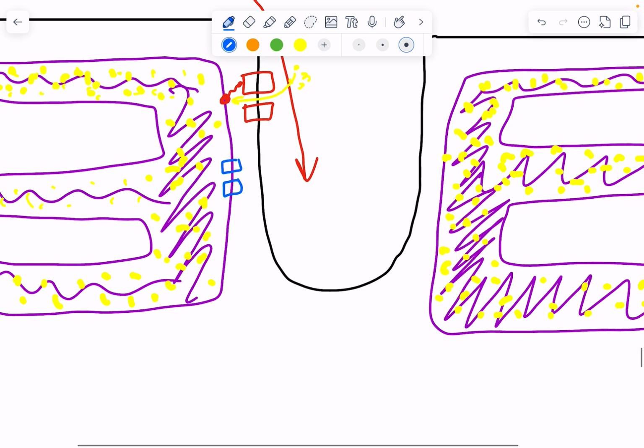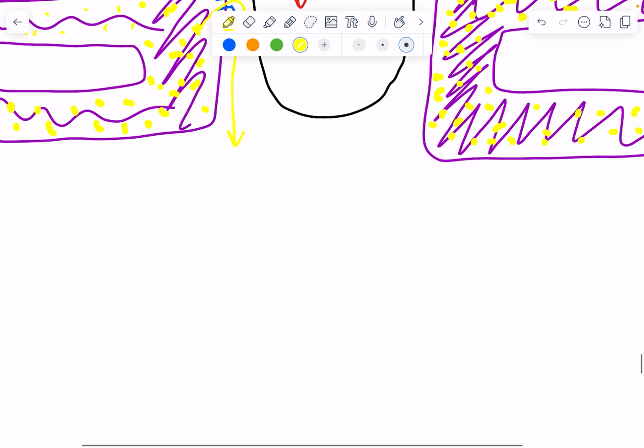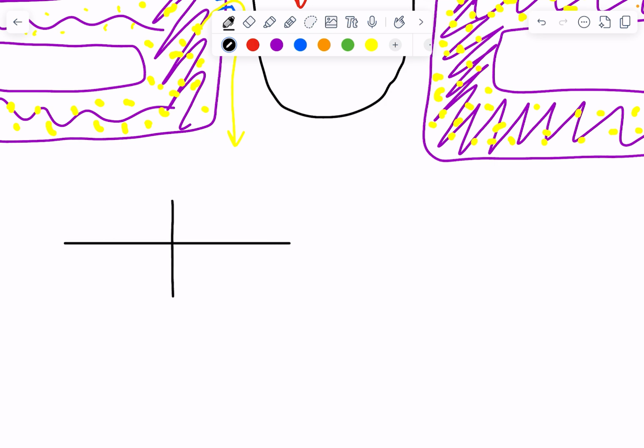These are our ryanodine receptors. The calcium on the outside of the cell is going to come down and bind to the ryanodine receptor, which is going to open that channel and allow calcium to leave, which is going to come down here and affect our muscle contractility.